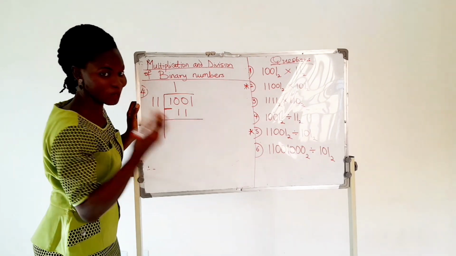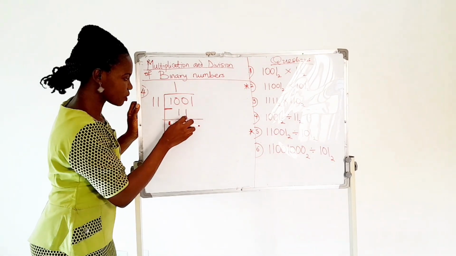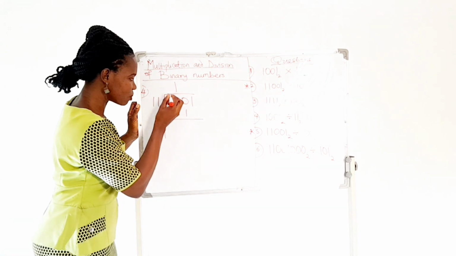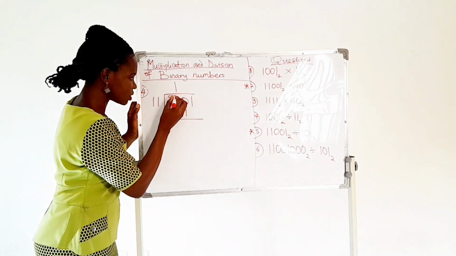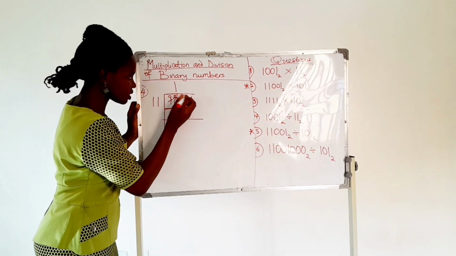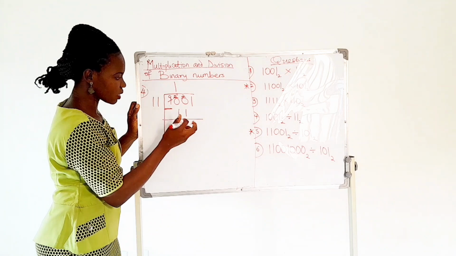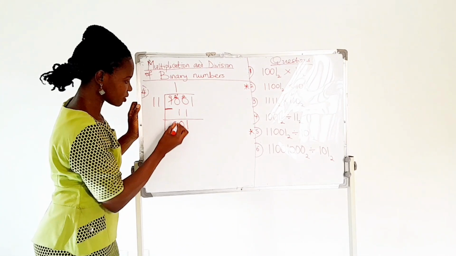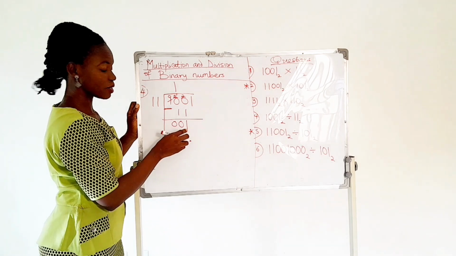So the normal way we did in the subtraction, 0 minus 1 will not go. The neighbor doesn't have anything. So we'll go here and borrow. When you borrow, this is reduced to 0. Give to this is 2. Borrow 1 from this, reduced to 1. Give to this is 2. So 2 minus 1 gives me 1. 1 minus 1, 0. And then 0. So our remainder is 1.